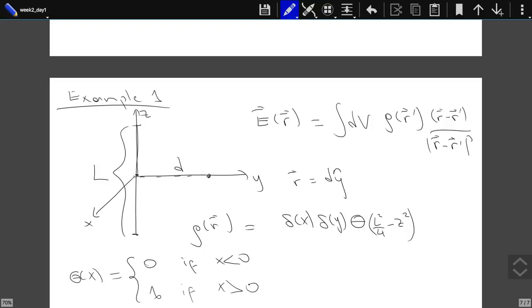But z squared is less than L squared over 4 if z is between minus L over 2 and plus L over 2. So the charge density is non-zero only if z is between minus L over 2, this point, and plus L over 2, that point.